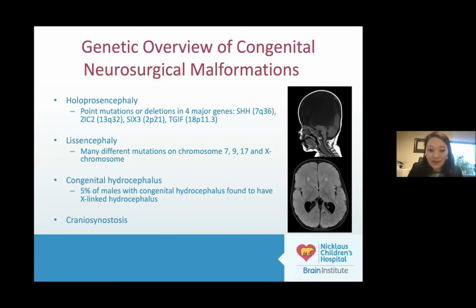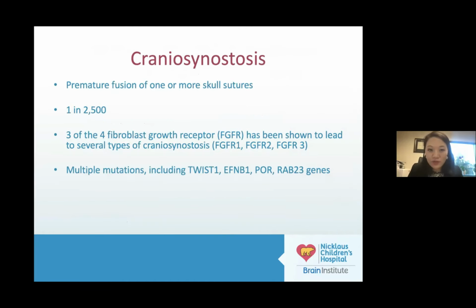And then lastly, craniosynostosis as well. Craniosynostosis is something that I will be focusing on in my talk. It is caused by premature fusion of one or more skull sutures, and is actually quite a common condition, occurring in 1 in 2,500 births. Oftentimes, craniosynostosis can be syndromic, which may have an underlying genetic abnormality.